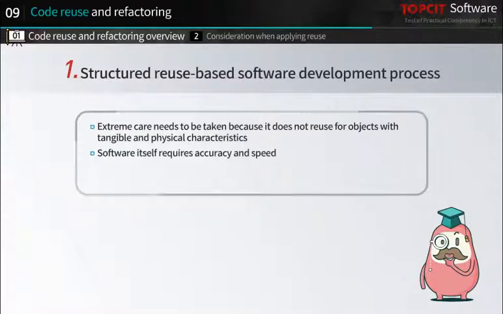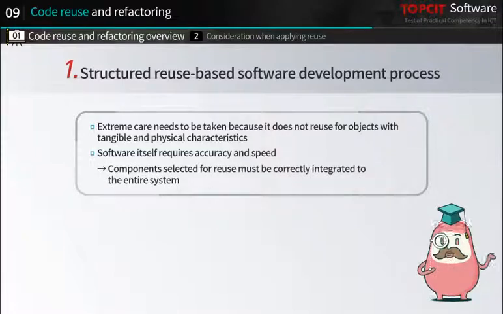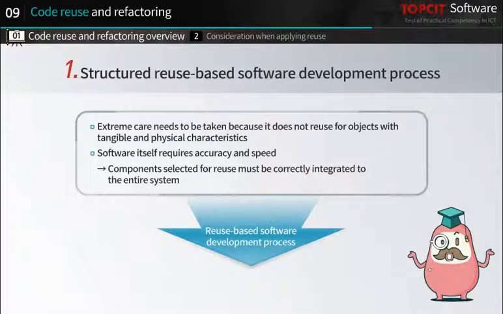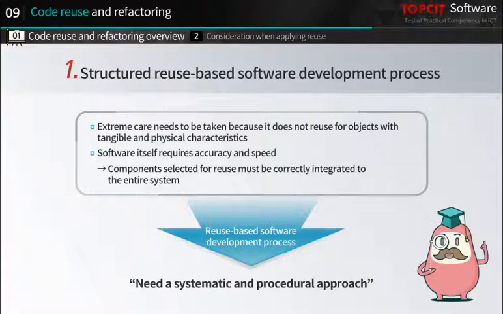Because the software itself requires accuracy and speed, the components selected for reuse must be correctly integrated into the entire system. Therefore, the reuse-based software development process should not be arbitrary and random, and it is likely to fail if a systematic and procedural approach is not applied.